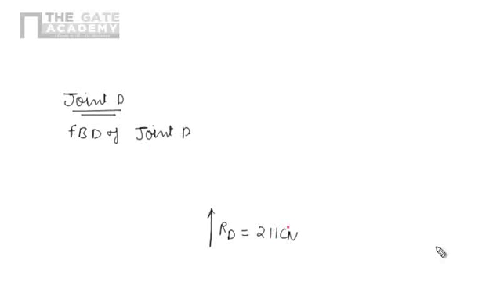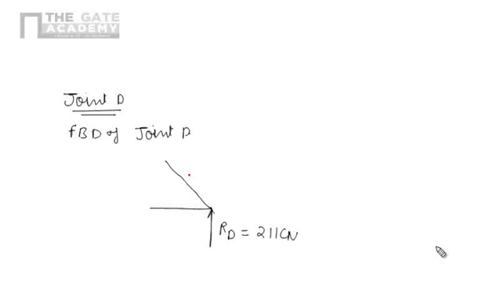Let's take joint D. The FBD of joint D. In joint D, there is a support reaction called RD, and the value of RD here is 21 kilonewton. We are having two members.